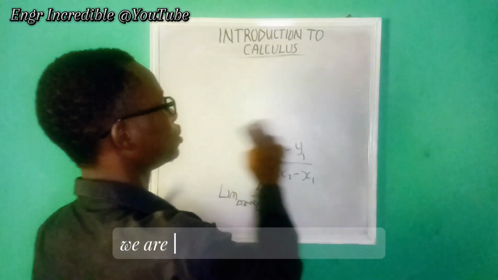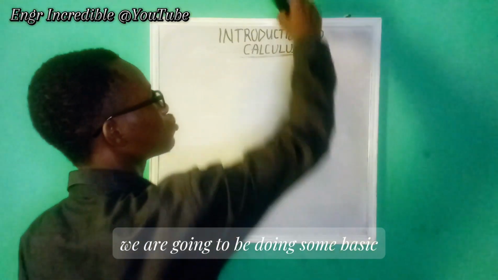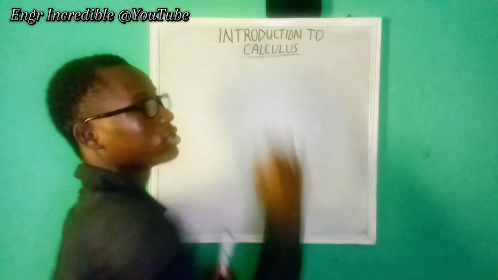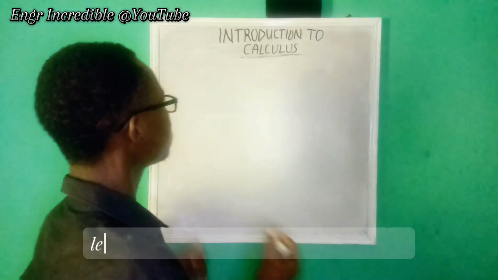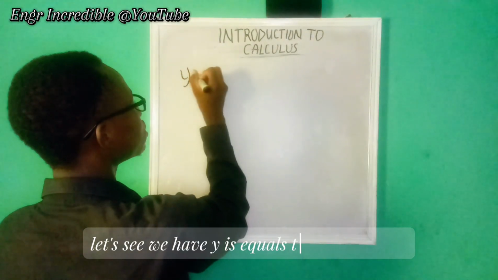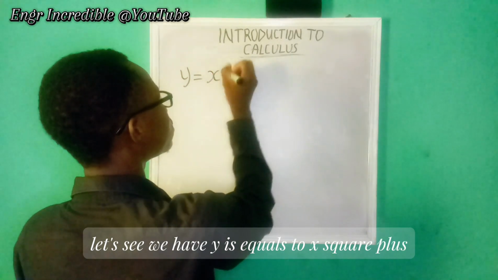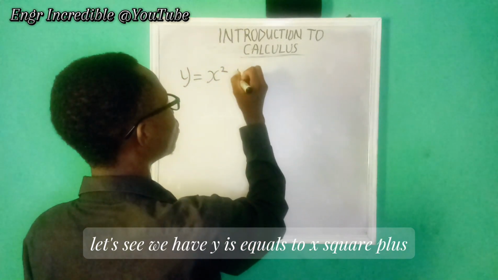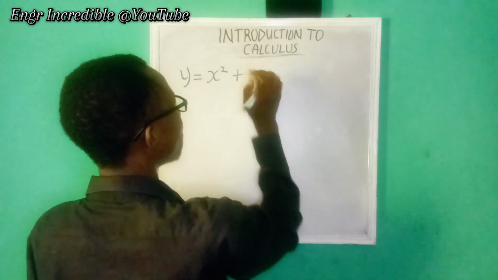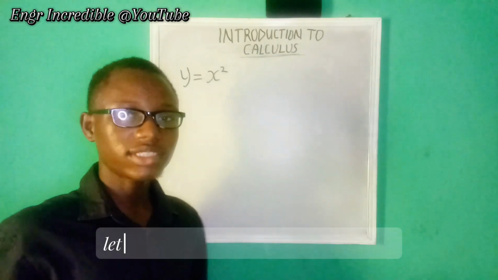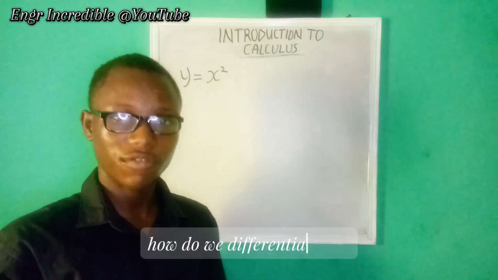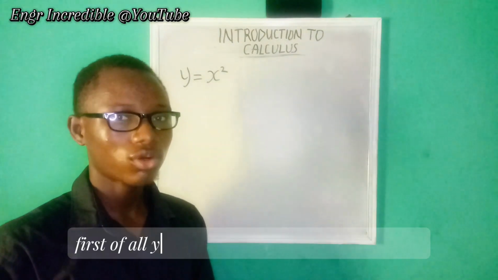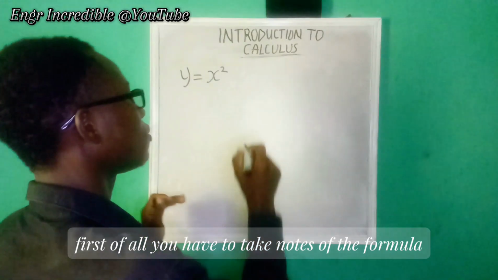Now we are going to be doing some basic differentiation here. Let's say we have y is equals to x square. How do we differentiate this? First of all, you have to take note of the formula.